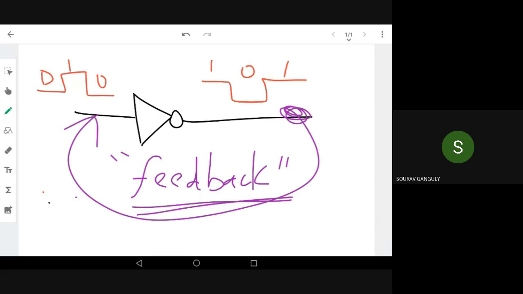Now let's see. I cannot give feedback in this circuit because it is not logical. Input is 1, output is 0, and this 0 I cannot feed back to the input. Why? Because there's a short. Input is high, output is low. High voltage is plus 5 volt, 0 means ground. So 5 volt and ground I cannot short.